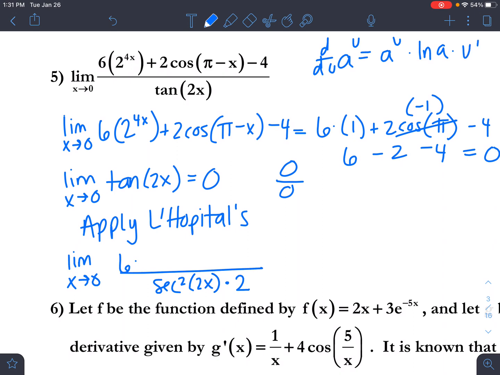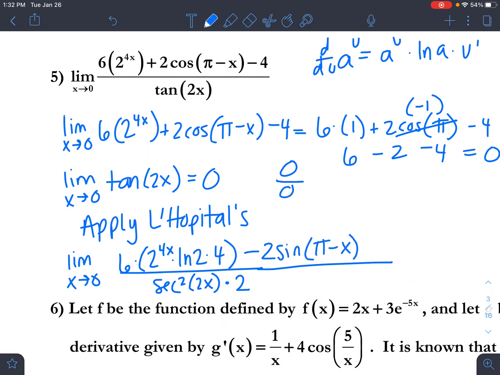So we're going to get 2 to the 4x itself times natural log of 2 times the derivative of the exponent, which is 4. Plus 2 times the derivative of cosine, which is negative sine. So I'm actually going to write this as -2 sine of pi minus x. And this is also going to be times -1 because of chain rule.